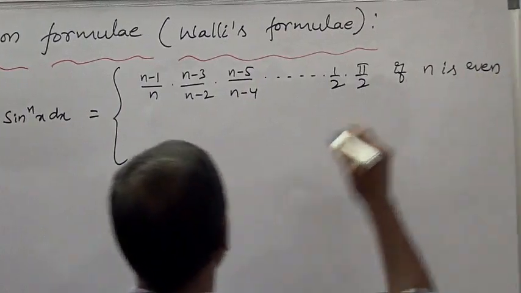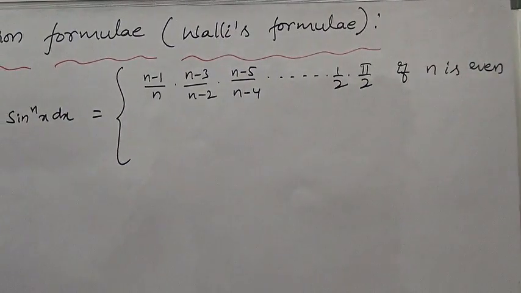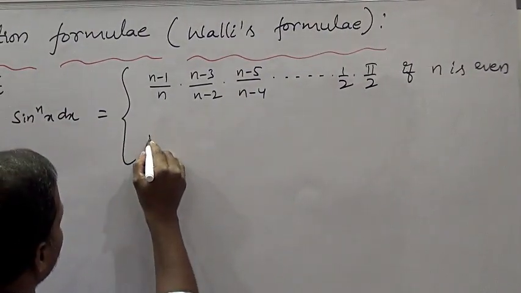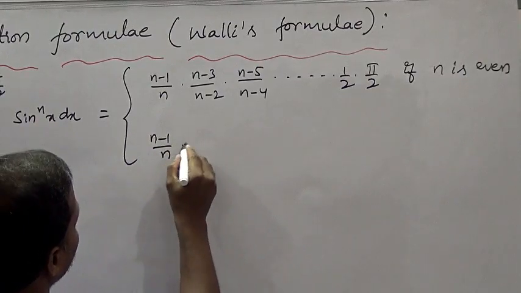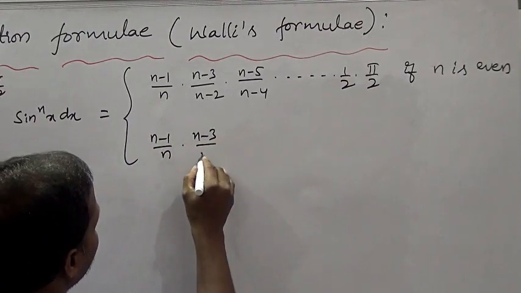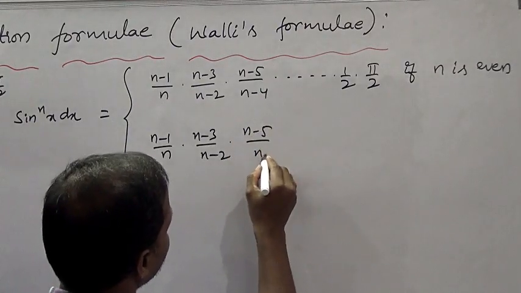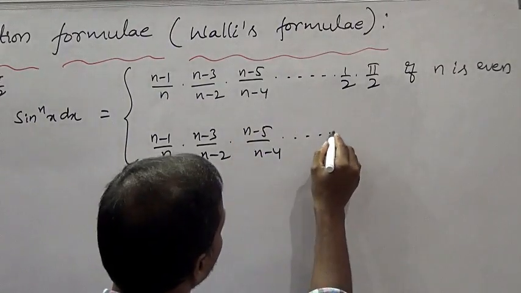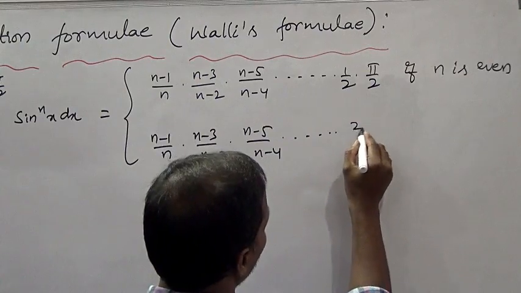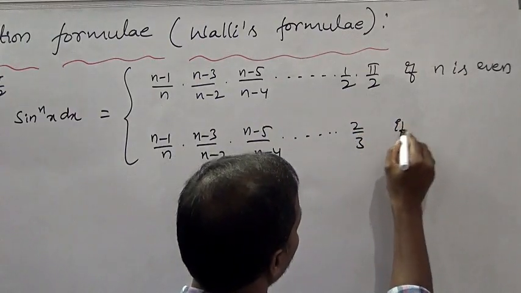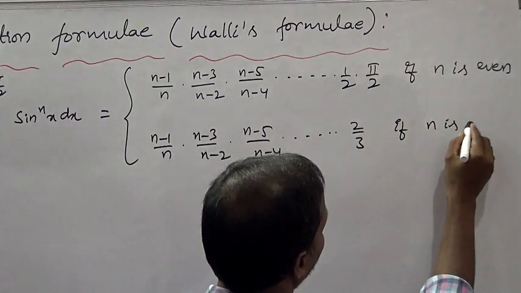And n minus 1 by n into n minus 3 by n minus 2 into n minus 5 by n minus 4 into and so on, 2 by 3 if n is odd.